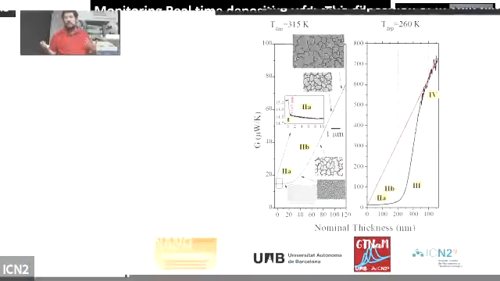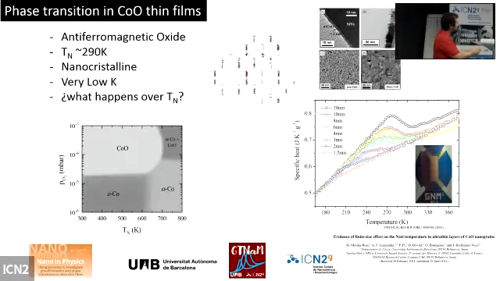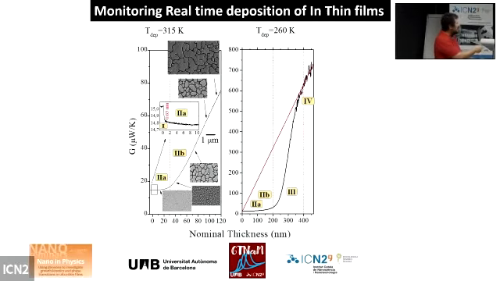Indium is well known to be a bad material to be deposited, because it does not wet. In fact, we can see here that if we try to do it on a pure silicon nitride substrate, up to close to 300 nanometers, we cannot find the two-dimensional growth vertically.